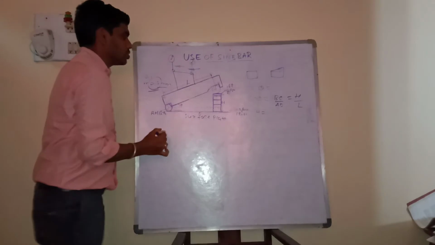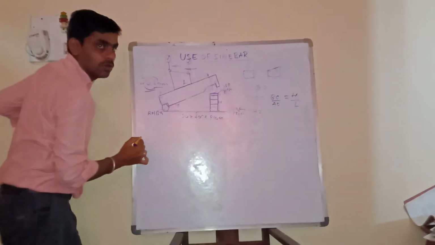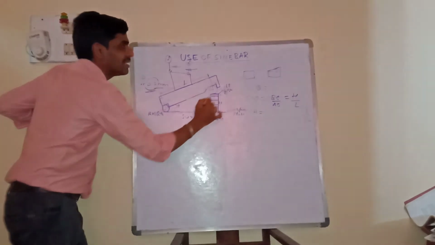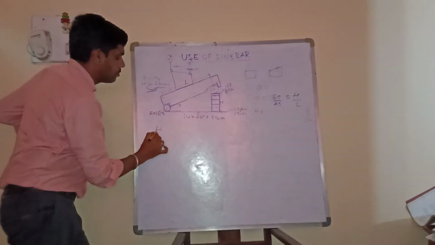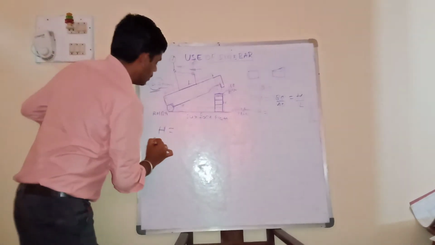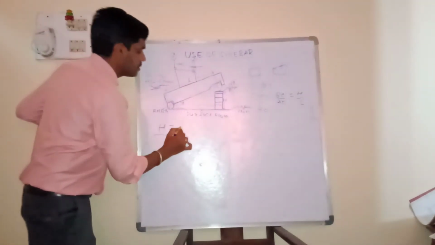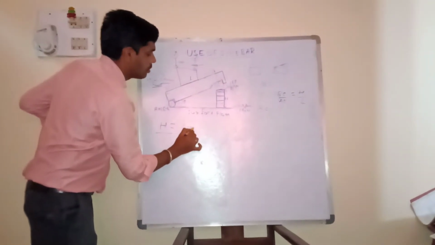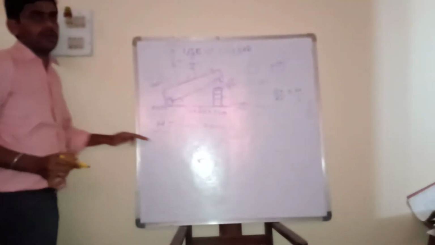When the dial indicator reading becomes 0, we note down the final height, that is the h value. For example, the h value may be 3 mm or 4 mm, whatever it may be, depending on the type of the workpiece.